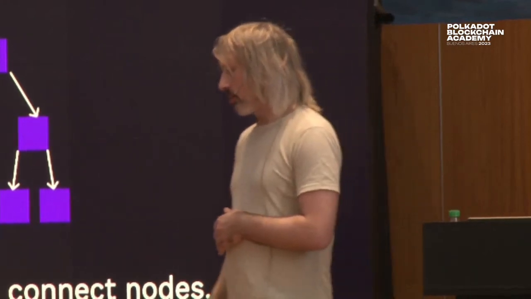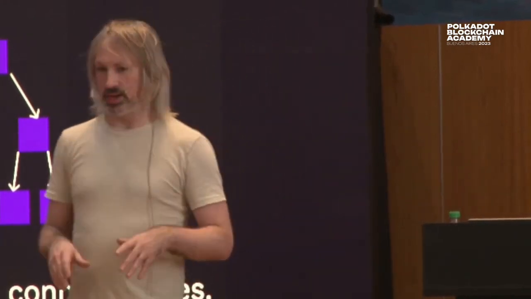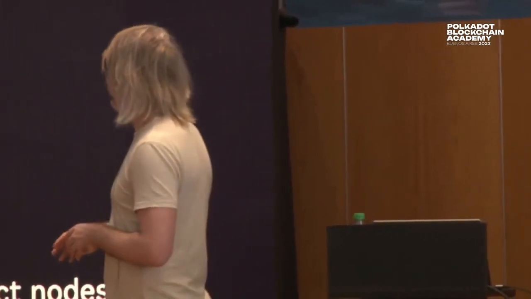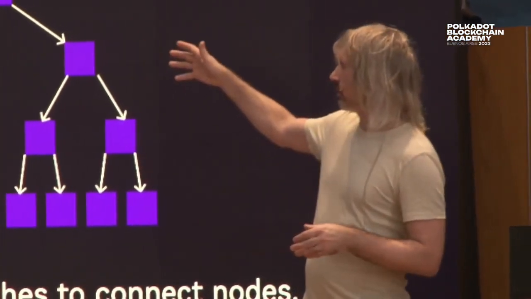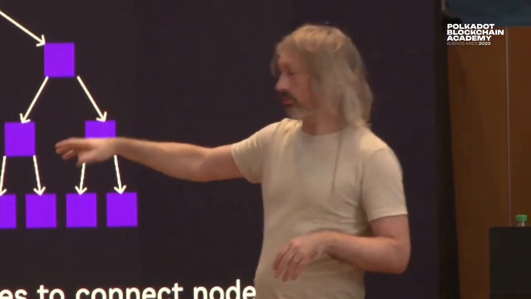Now, there are systems where you can't do this so easily. Smart contract systems, for example: if you require the smart contract to pay for its data usage, the nodes in this trie, then eventually it might not be able to pay.